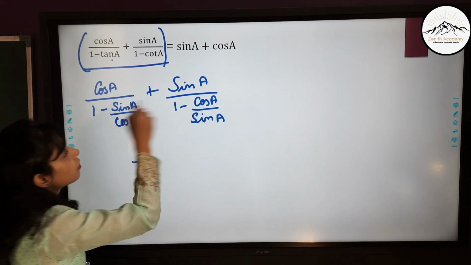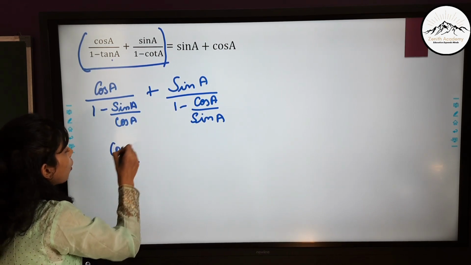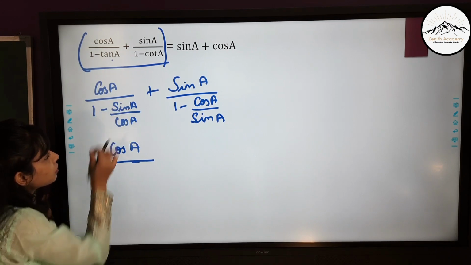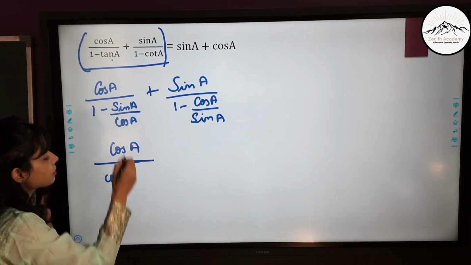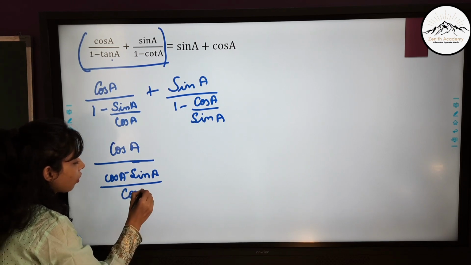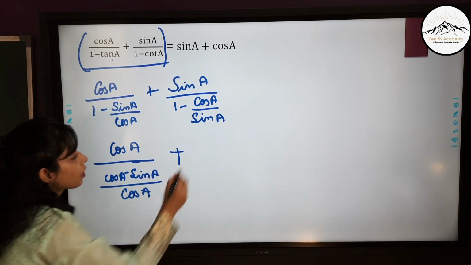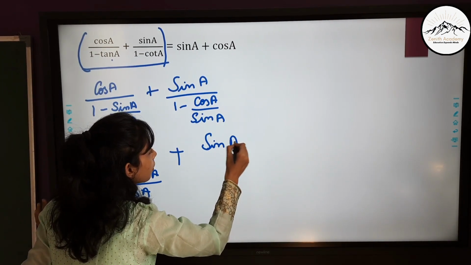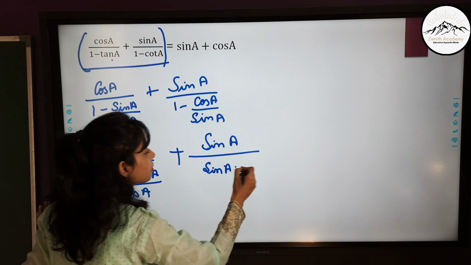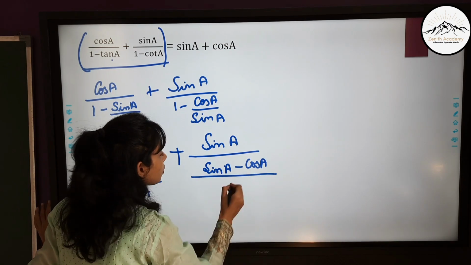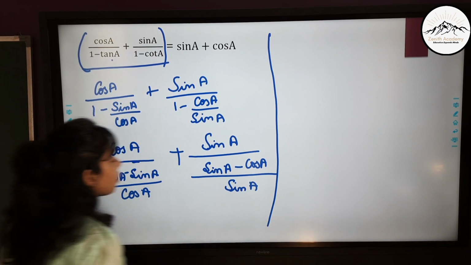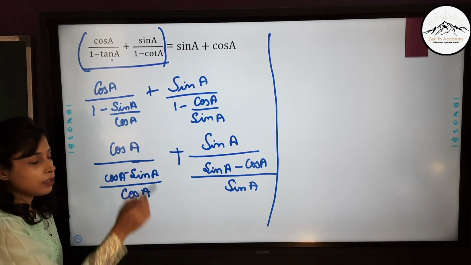So now what we need to do? We just need to solve. Cos A upon, let's take the LCM, cos A minus sin A upon cos A, plus sin A upon, same here, take the LCM, sin A minus cos A upon sin A. Now cos A and sin A will go in the numerator.